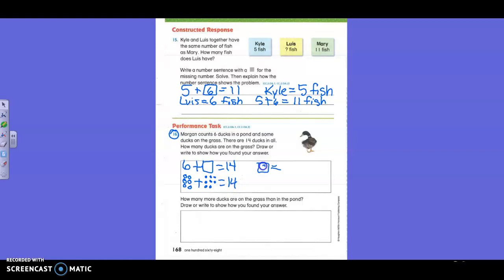Okay, so the box equals 8. That's all you have to do. That's not that hard. We drew a picture with little circles or counters, and we just showed that the box equals 8.